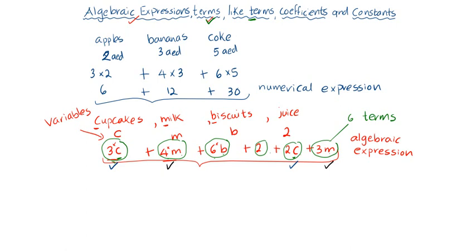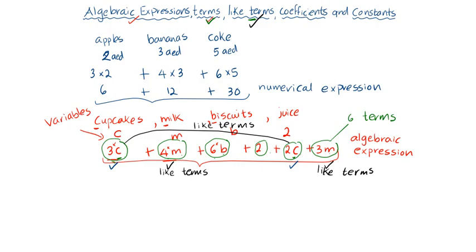Anything that has the same variables in them is considered like terms. They are alike, so they are the same, because they are dealing with the same item.